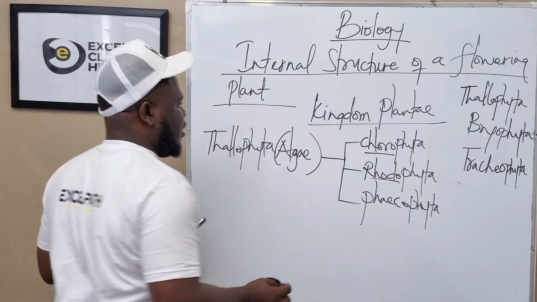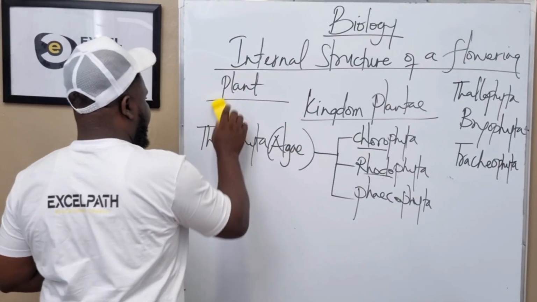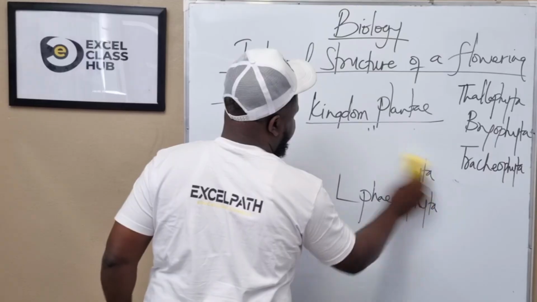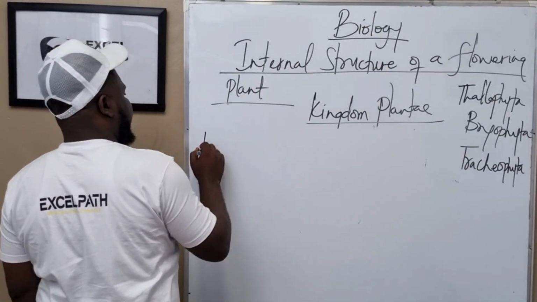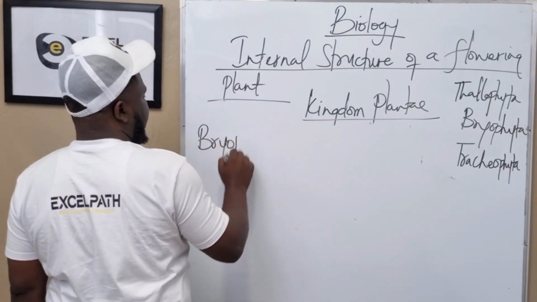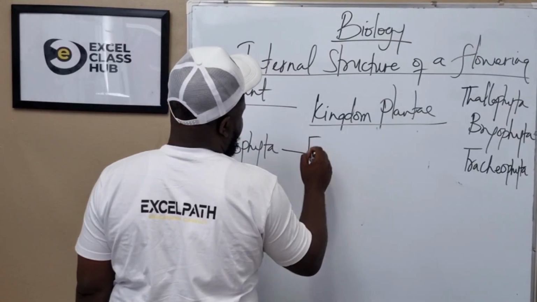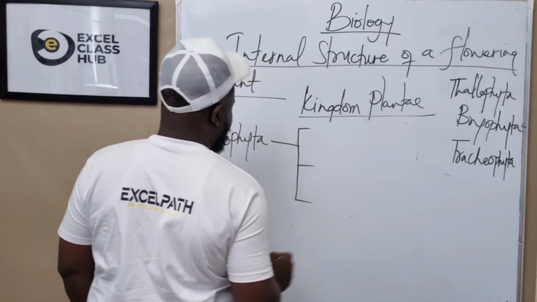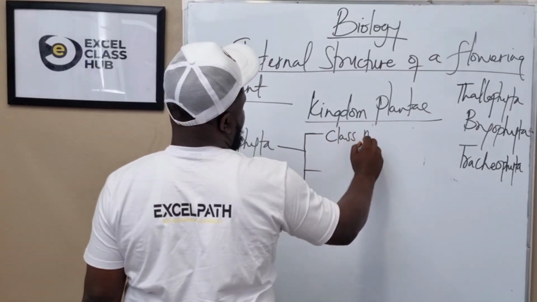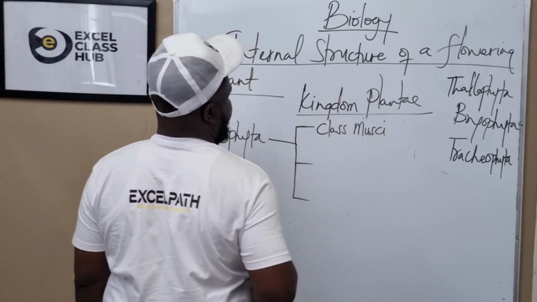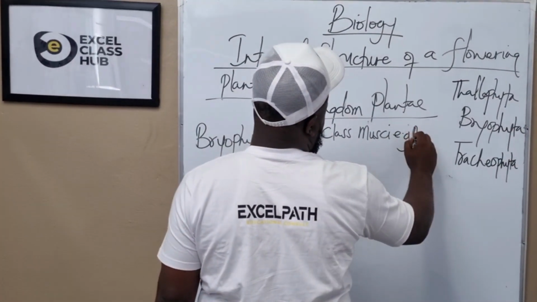Now talking about the Bryophyta, it is further divided into three classes. We have class Musci, the first one, where you find your mosses.